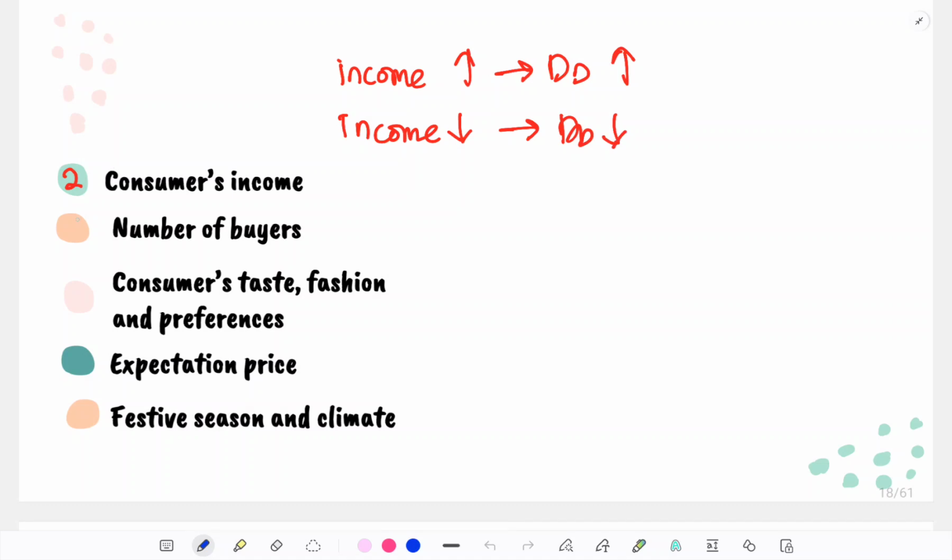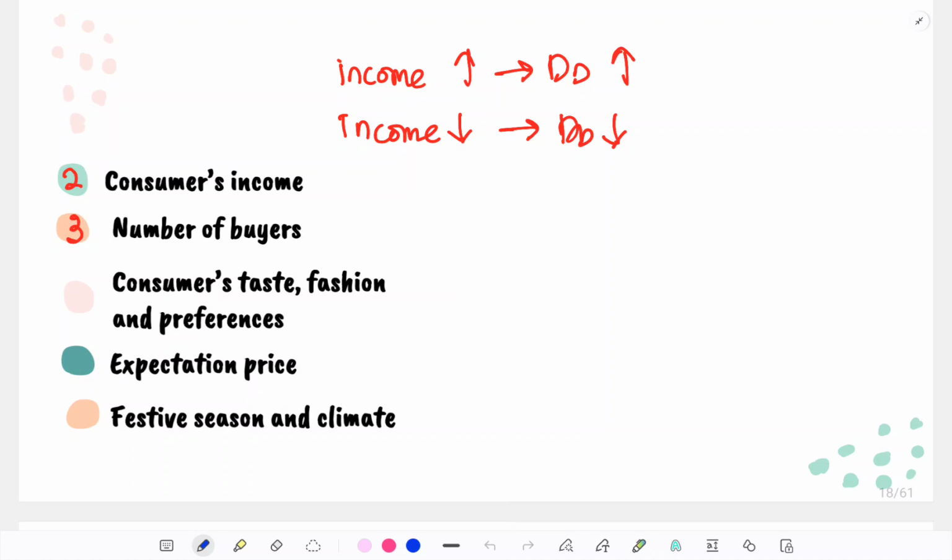The third factor that influences demand is number of buyers or number of population. So the more people there are in the market, the higher the demand. Let's say there is a big concert in the town, like the KRU concert in Stadium Axiata recently.